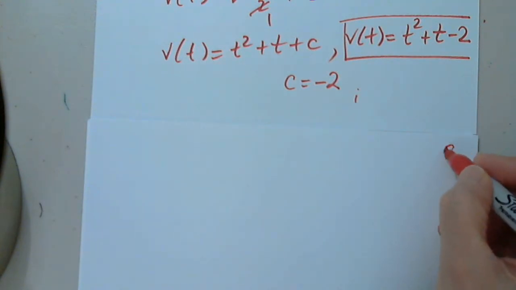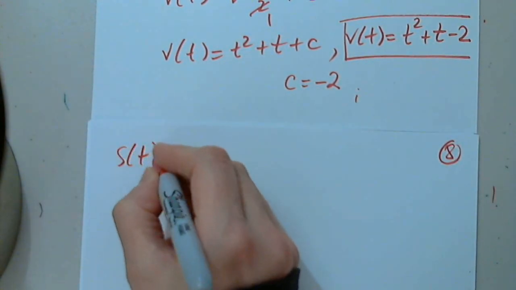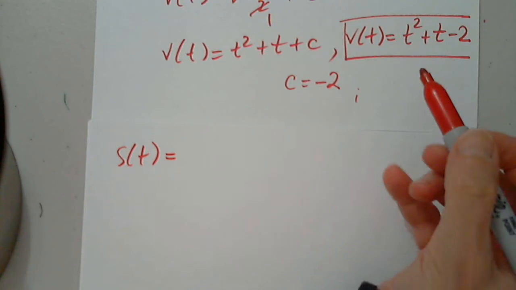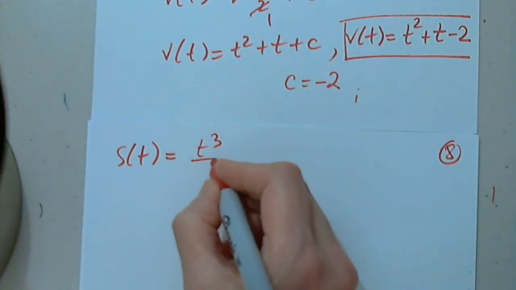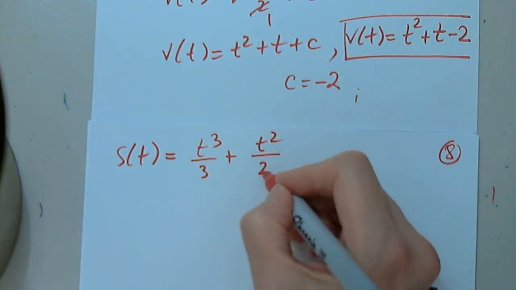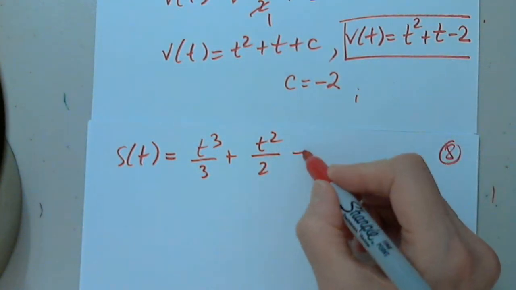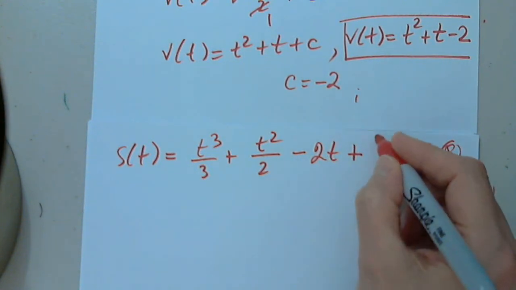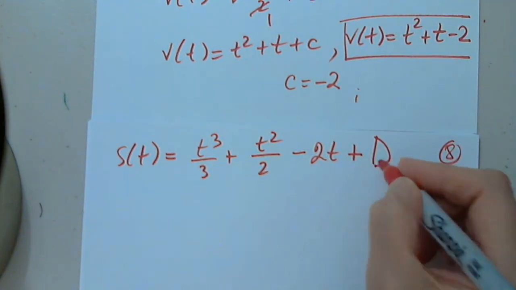So can anyone give us the distance? t cubed, very good, over 3, excellent, plus t squared over 2. Very good. Minus 2t. Very good. Plus a constant d.